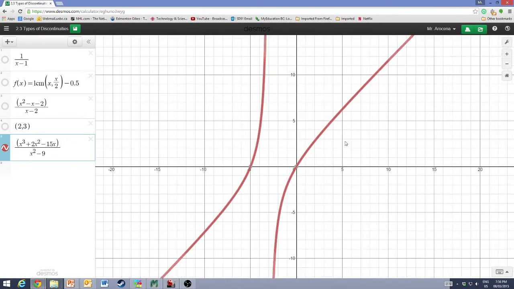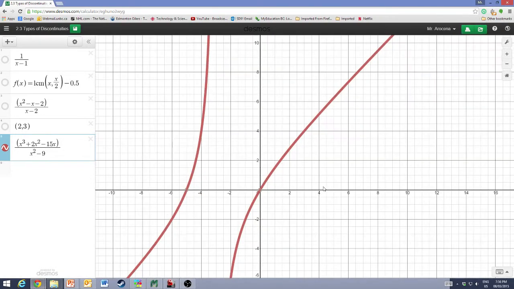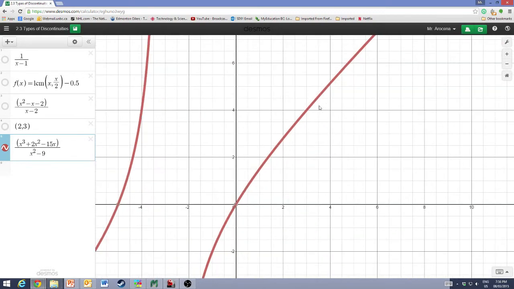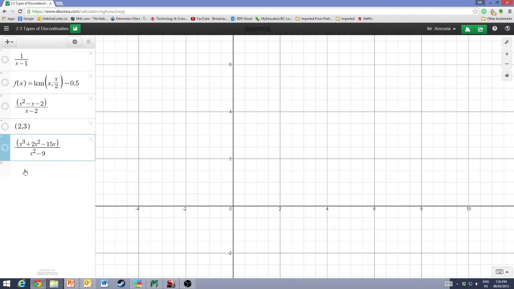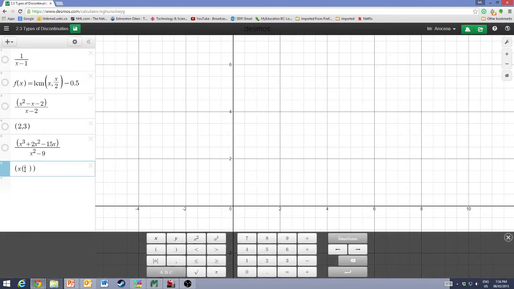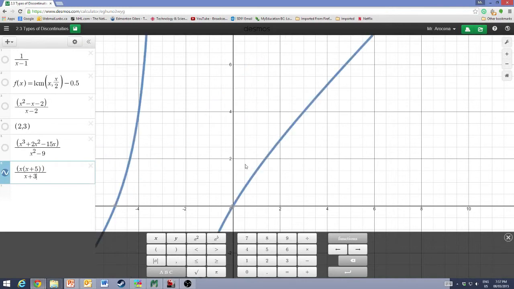There we go. At x equals 3, there's my function. It's undefined. But let's plot the simplified function we just calculated, which was x plus 5 divided by x plus 3. There you go.